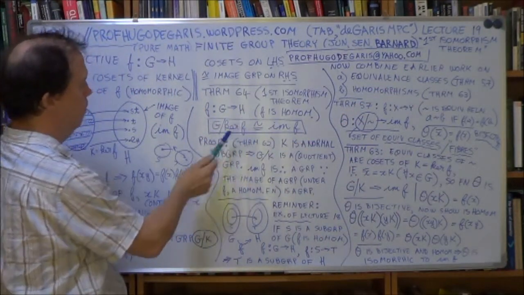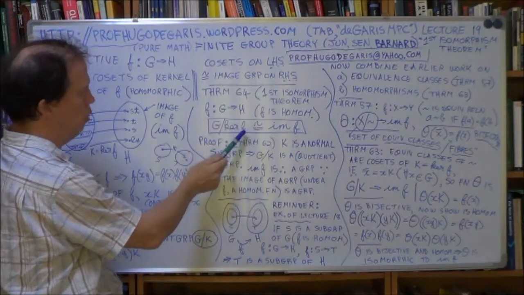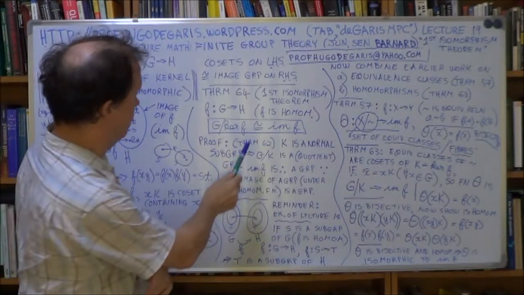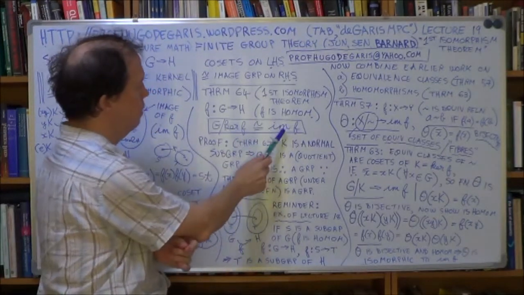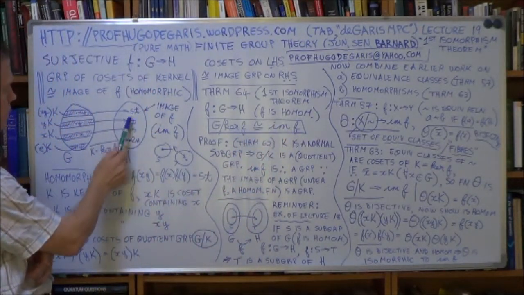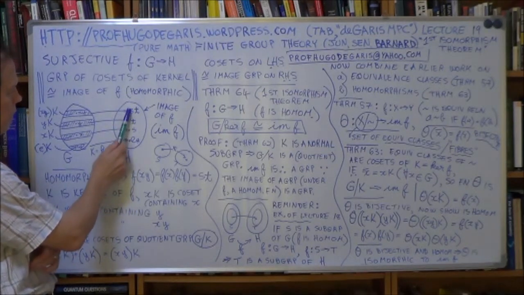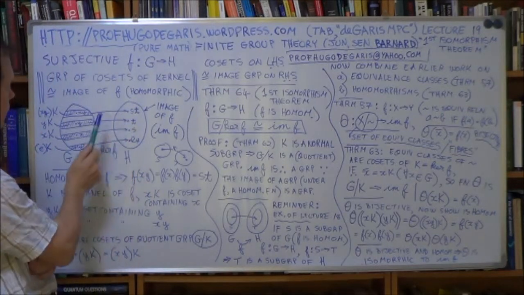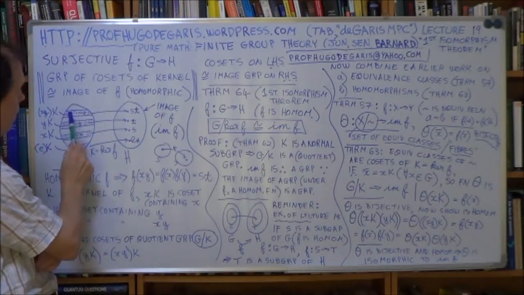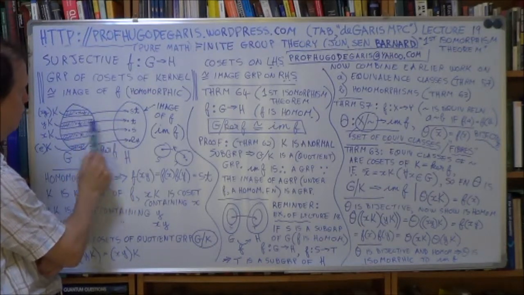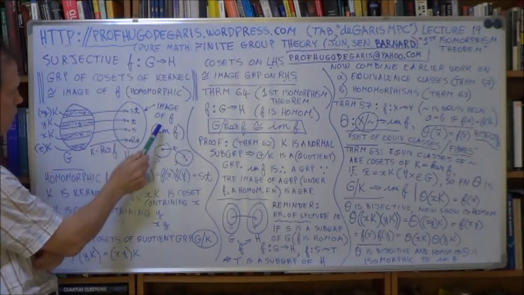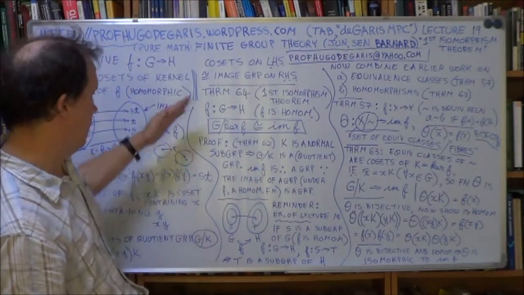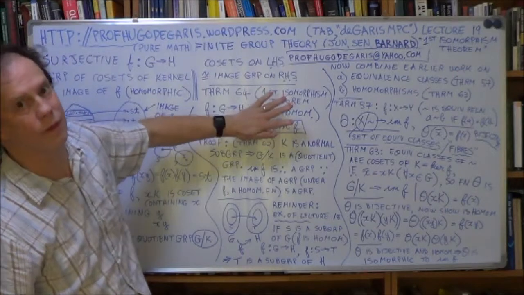The quotient group of G formed from the kernel of your homomorphic mapping function F is isomorphic to the image of F. These images, these elements, are all different, and you've got this one-to-one mapping of a coset to a member of your image of F. So that's the statement of the theorem.